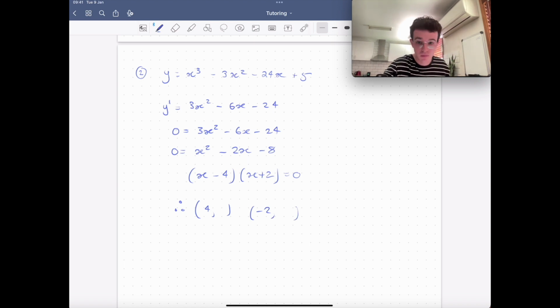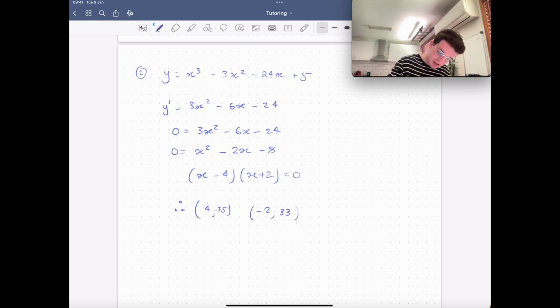Substituting that into not my derivative, but my original equation, to find my stationary points: 4 cubed minus 3 times 4 squared minus 24 times 4 plus 5. We get minus 75. Putting in minus 2, we get positive 33.